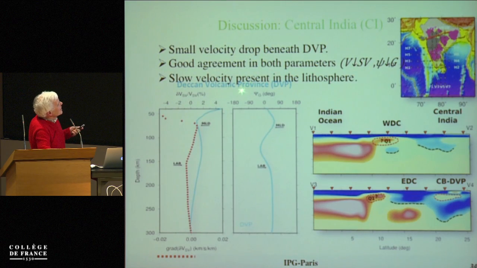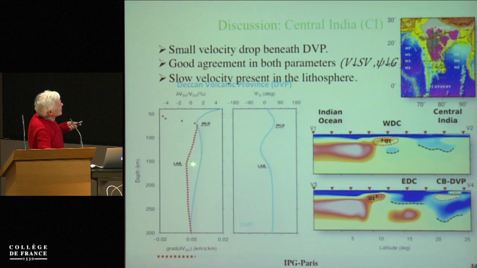And we also looked at azimuthal anisotropy, to find if we can find the low velocities in different parts. From the azimuthal anisotropy, we can find the MLD, which is a mid-lithospheric velocity zone, which is also associated with VSV variation, and we plot the gradient to extract this discontinuity, and also the LAB at larger depths.